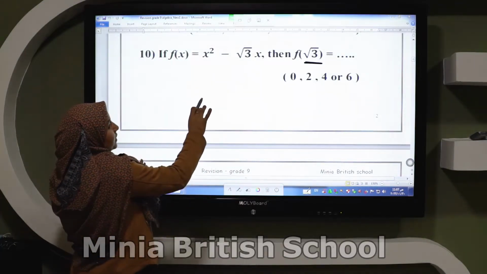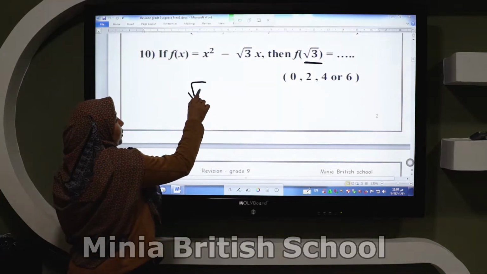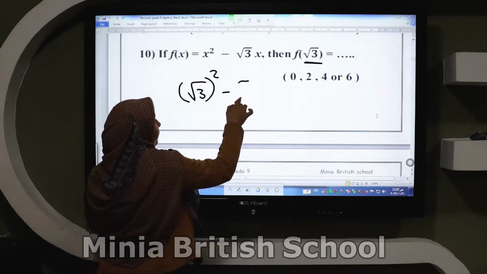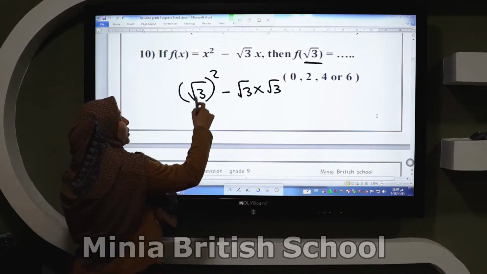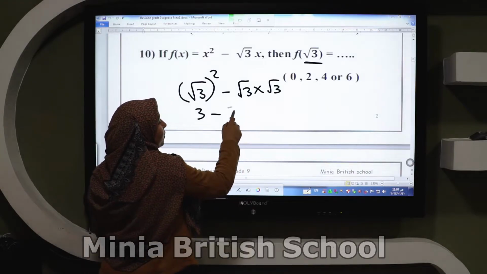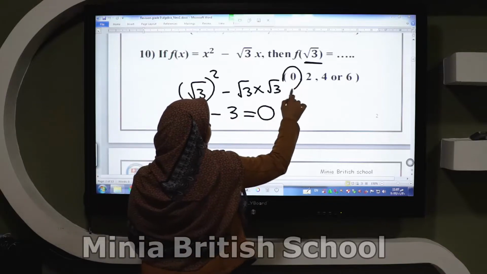So you can substitute by root 3 in this function. Root 3 power 2 minus root 3 times root 3 equals 3 minus 3, which equals 0. So the answer is 0.